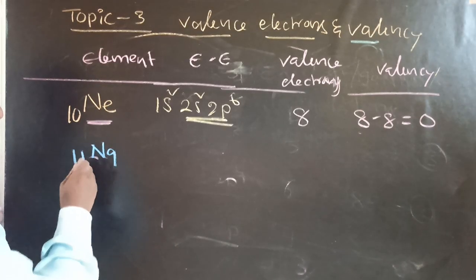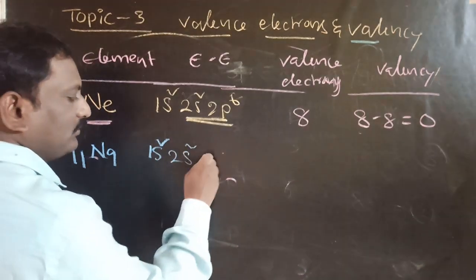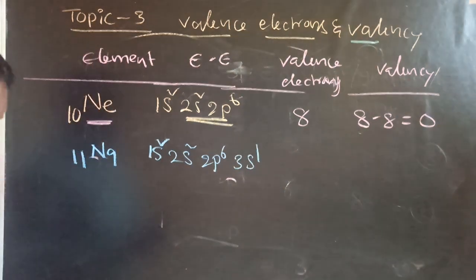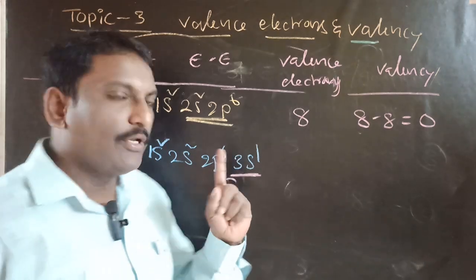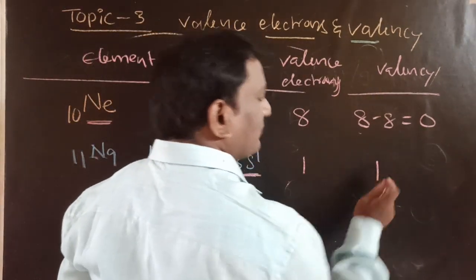sodium 11, electronic configuration 1s2, 2s2, 2p6, 3s1. Here the third shell will be the valence shell. Only one electron in that. So valence electrons 1, valency also 1.